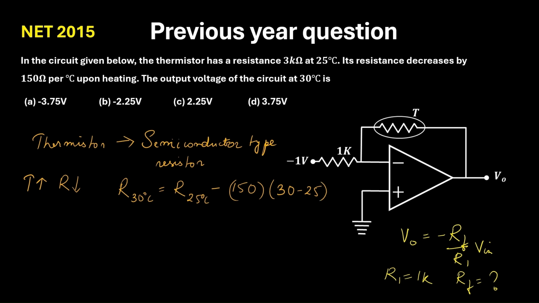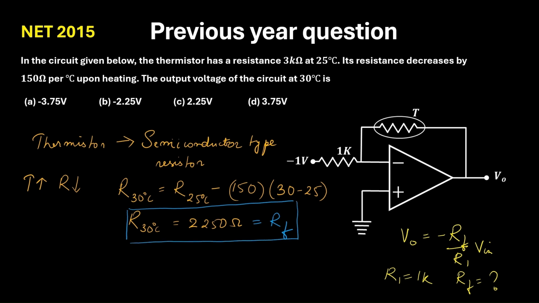If we substitute this, you can do the calculation. R at 30 degrees Celsius will be 2250 ohm. And this is the RF at 30 degrees Celsius.